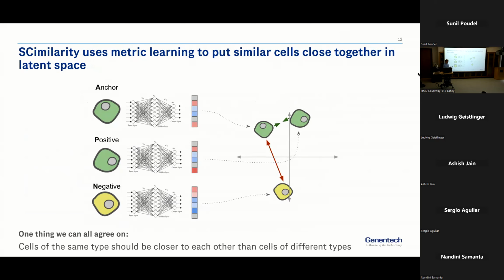So if you have, let's say, a T cell in the gut and a T cell in the lung, those are still more similar to each other than they are to macrophages. And so the idea here is that we're going to just take anchors and positives and negatives sampled based on this cell type identity and try to get the model to learn ways to put the labeled cell types closer together.